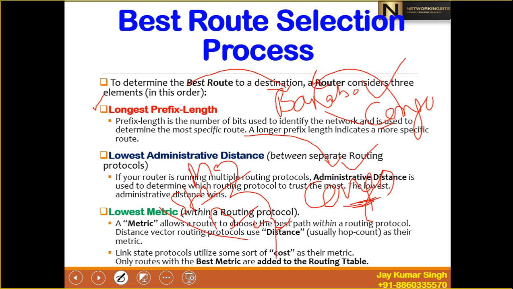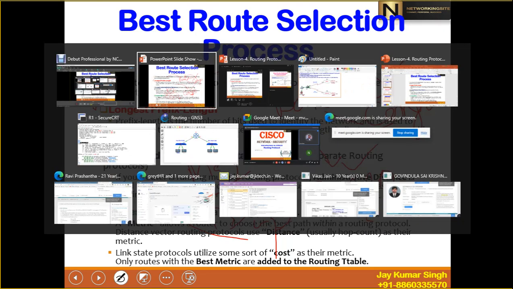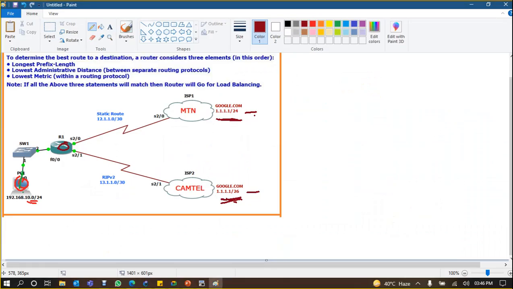That's why whoever has the longest prefix, that route will be preferred first. This path is best.